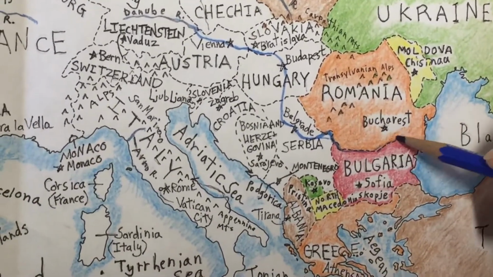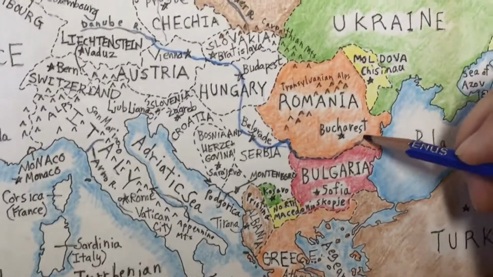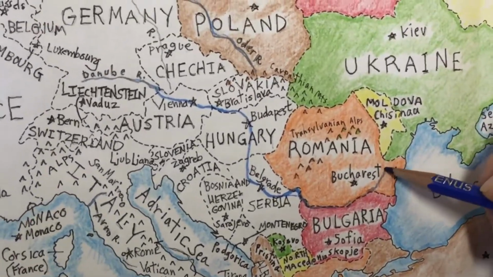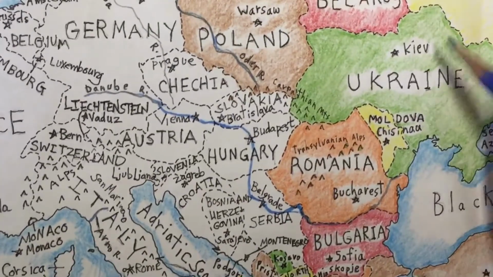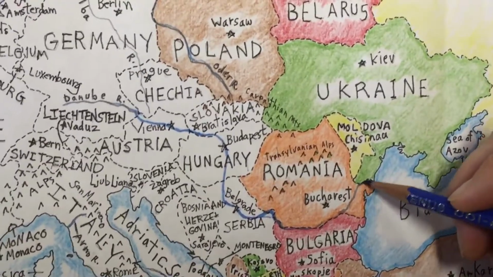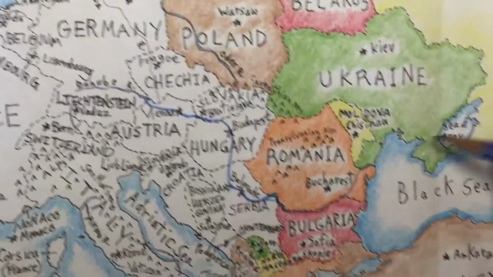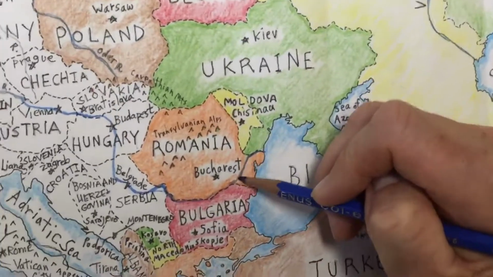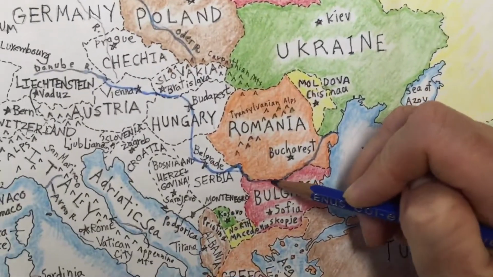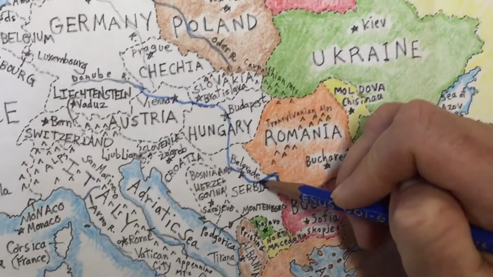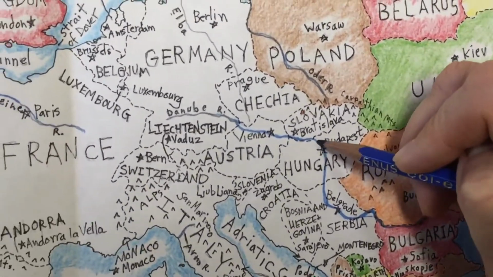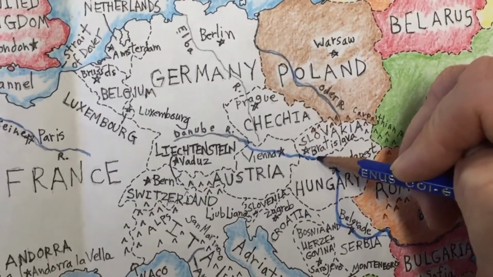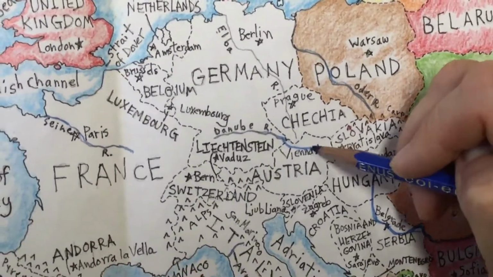Then it leaves the border and it goes up. And it kind of looks like it joins that border of Ukraine and Romania before entering into the Black Sea. So that's a lot of countries that the Danube either runs through or touches upon.